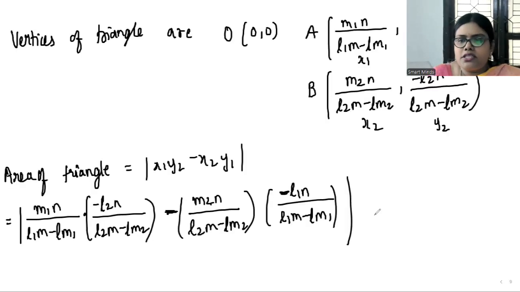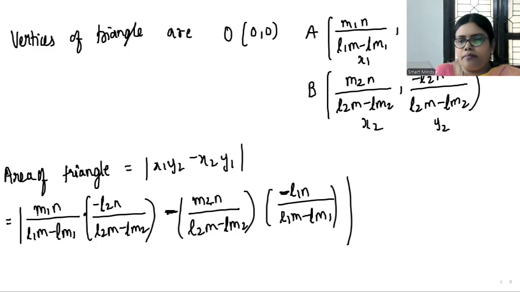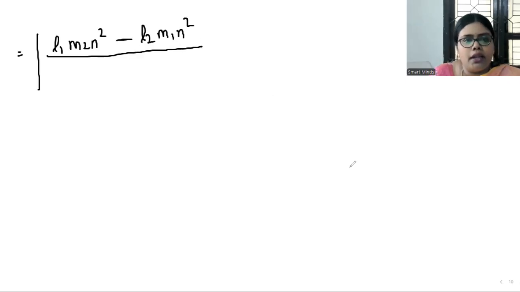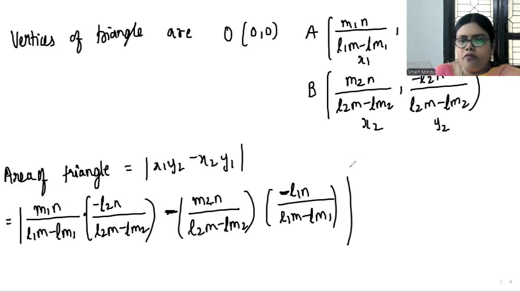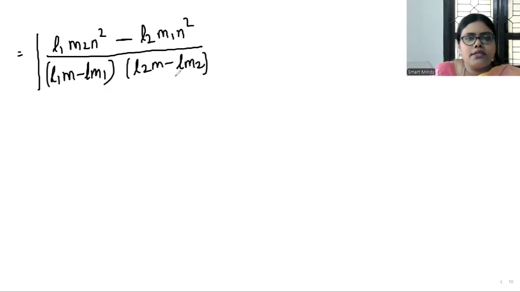L1 M2 N square, L1 M2 N square minus, now the first term is negative, so L2 M1 N square. L2 M1 N square by, the denominators are the same in both, right? L1M minus LM1 into L2M minus LM2. This is the common denominator for both the terms.